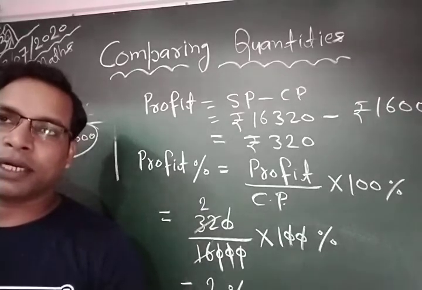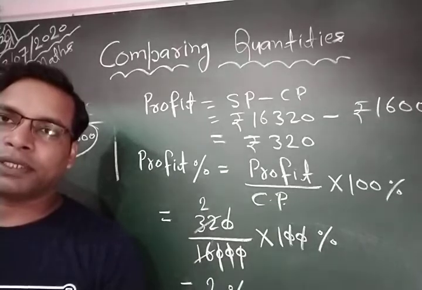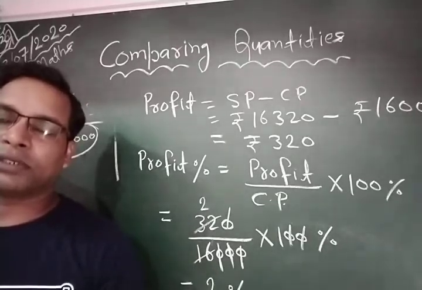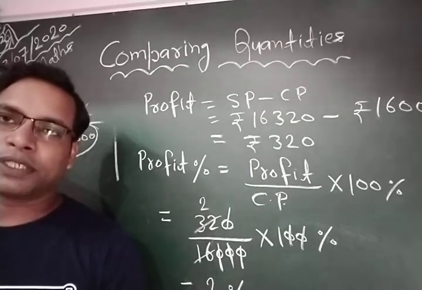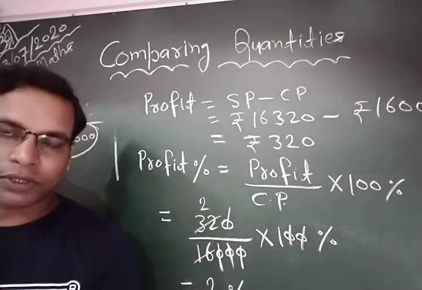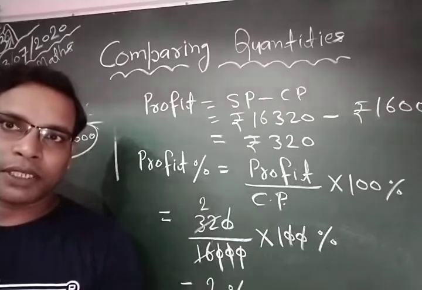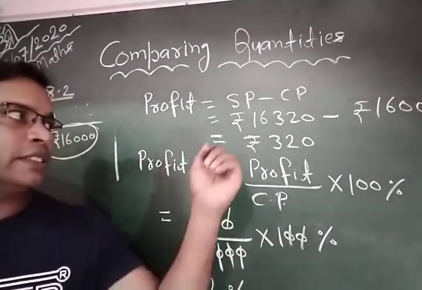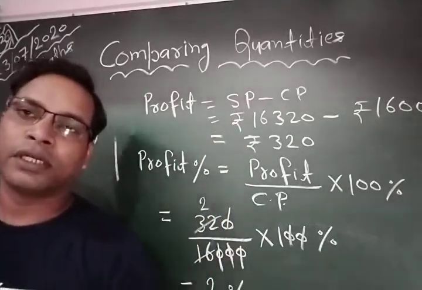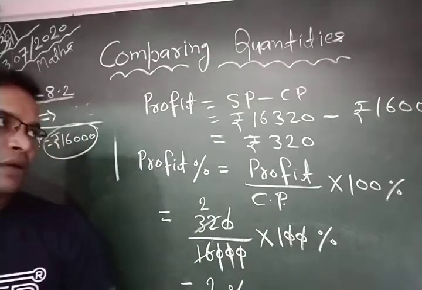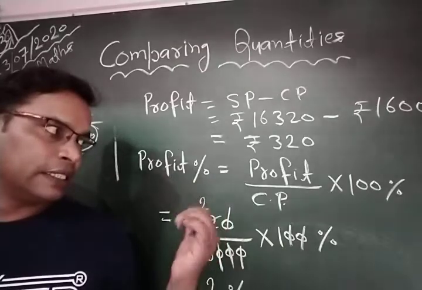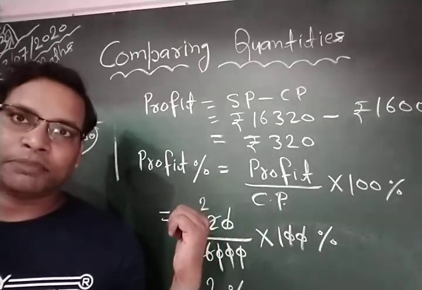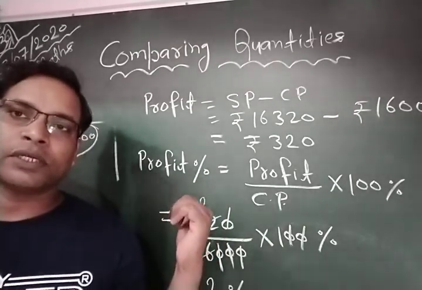He sold TB at 8% profit, and he sold BCR at 4% loss. So in this way the total selling price of both articles is 16,320.